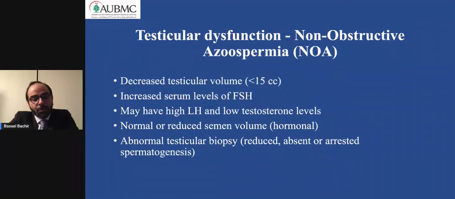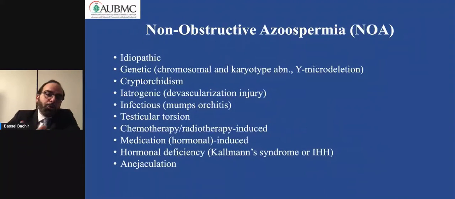And if these patients do end up undergoing a testicular biopsy, the results will be abnormal, showing either reduced spermatogenesis or hypospermatogenesis, absent spermatogenesis or Sertoli-only syndrome, and arrested spermatogenesis or maturation arrest. Now, of course, there are numerous causes for non-obstructive azoospermia, including idiopathic causes, genetic causes, undescended testicles, testicular torsion, and hormonal or medication-induced non-obstructive azoospermia.